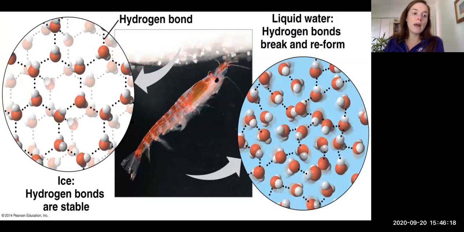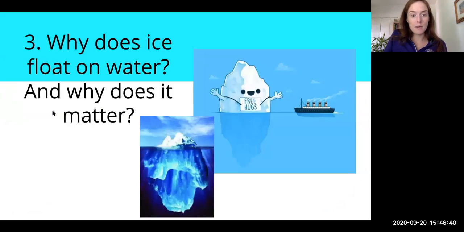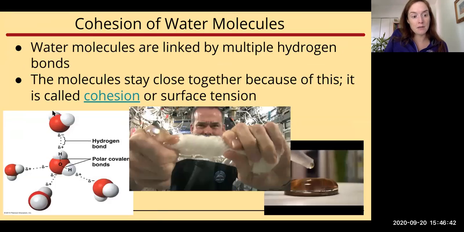Well, what happens is the hydrogen bonds, up until about 4 degrees Celsius, spread out. They stabilize in this crystal lattice structure in which each water molecule is participating in just about the maximum of 4 hydrogen bonds. And remember, you drew that back on your Nearpod or your warm-up.